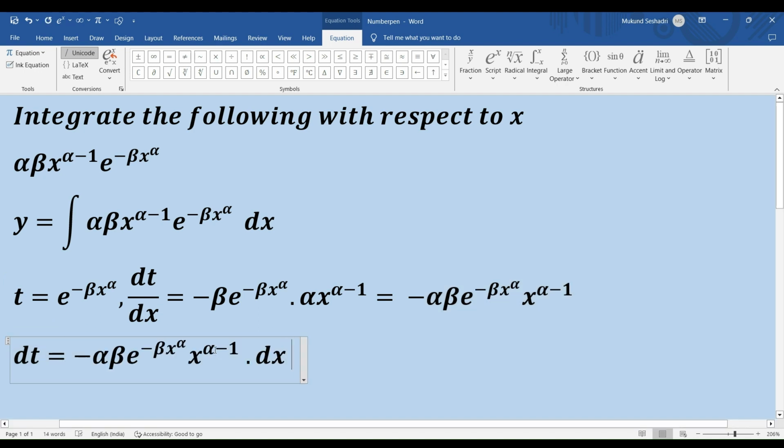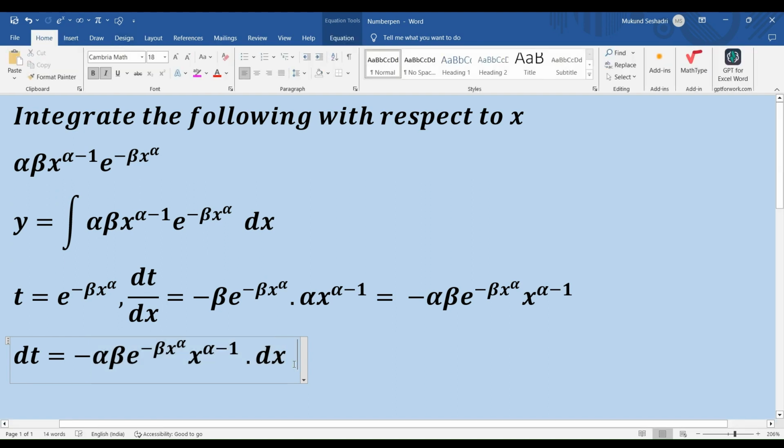I go back to my y, I notice that the expression I have in my y is nothing but a minus dt. Take a look at what we have for dt with us, right? I multiply by a negative sign on either side.